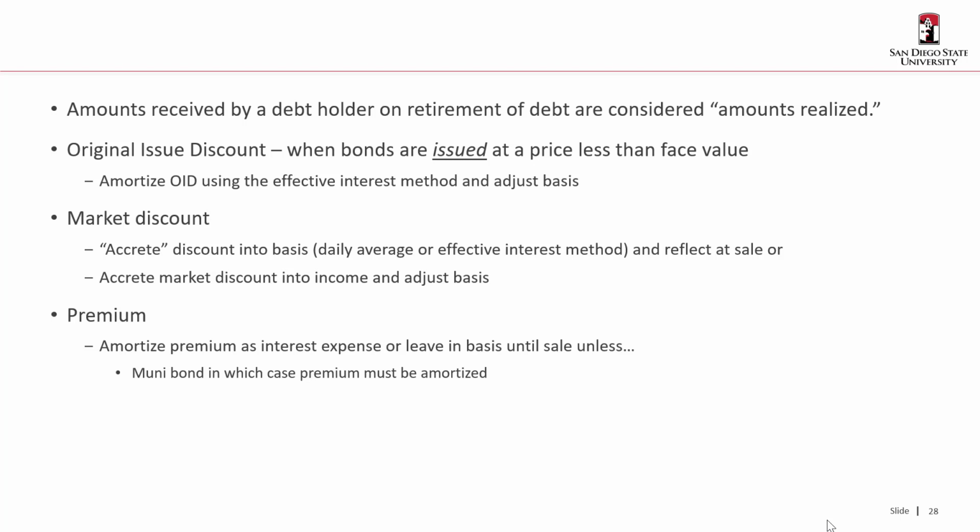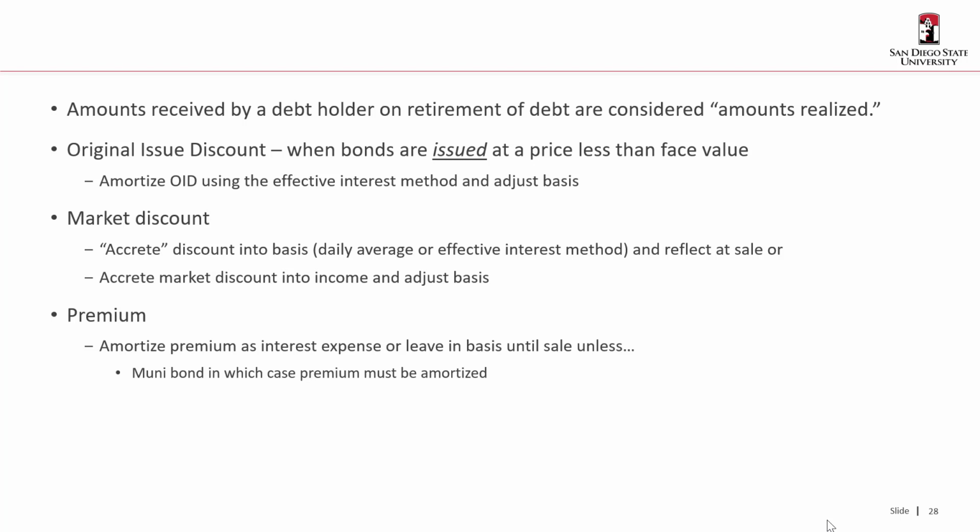So you're required to accrete your market discount into your basis, either using a daily average, which just means amortize it over the number of days, or the effective interest method, which is more of a compounded interest method, and reflect that at the sale. Or you can actually accrete the market discount in every day and reflect it in your annual income and adjust basis at the same time. So the first method allows you to accrete all the discount in on the date you sell the bond, the second method forces you to go ahead and accrete the income in annually.